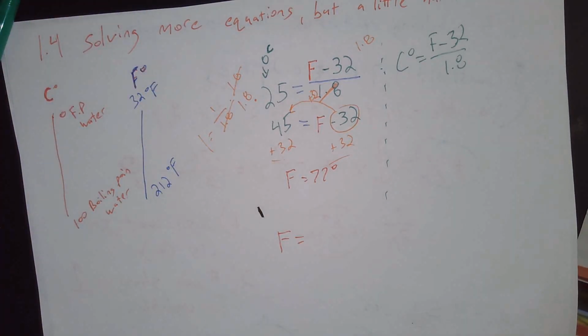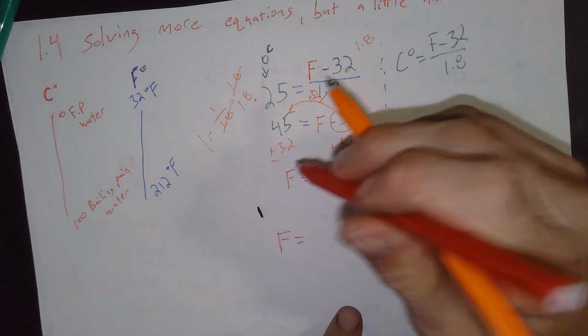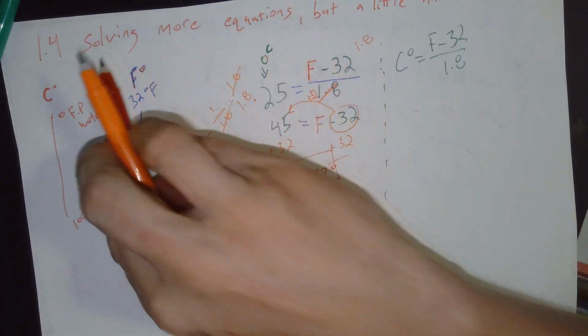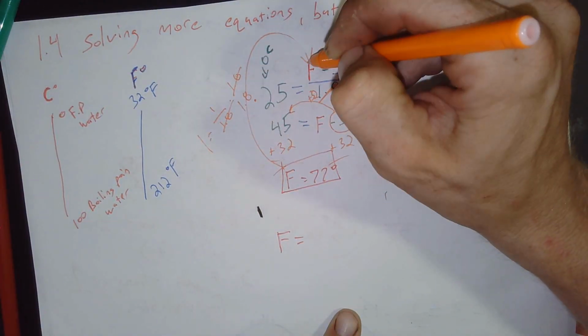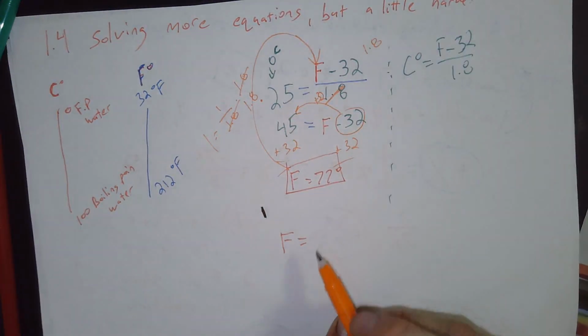So get rid of your fractions early. And just to check that, we take that 77 degrees and drop it back into our equation and see if it equals the initial thing.